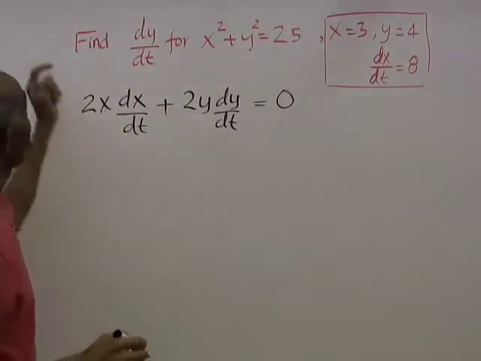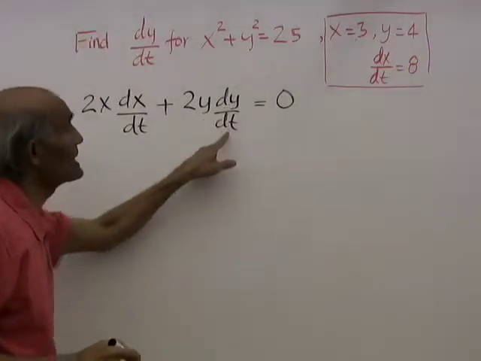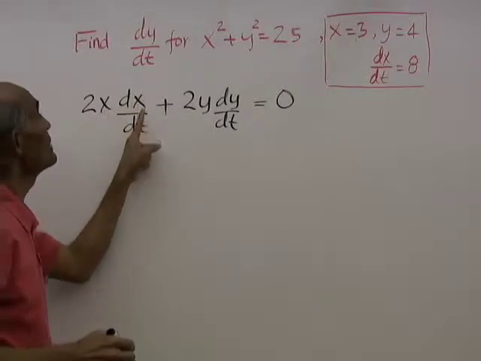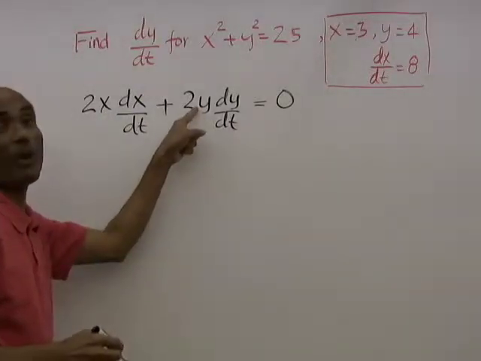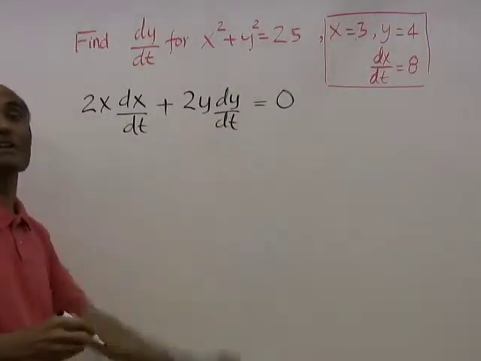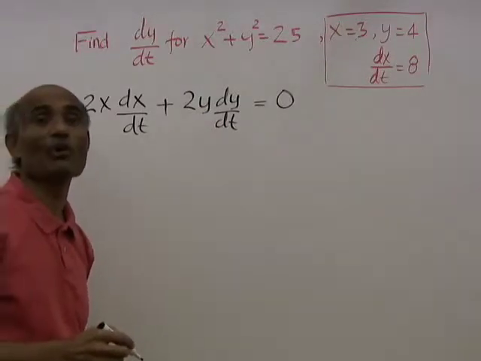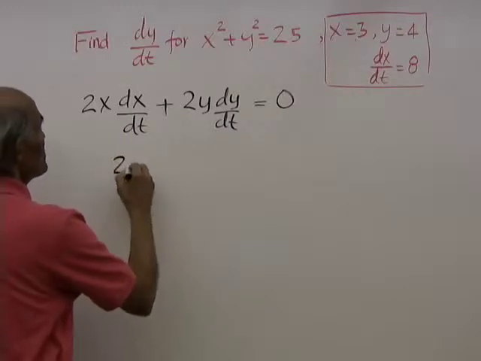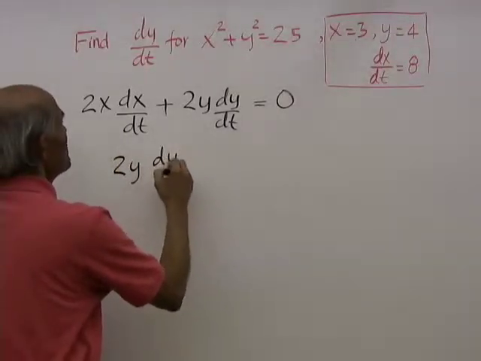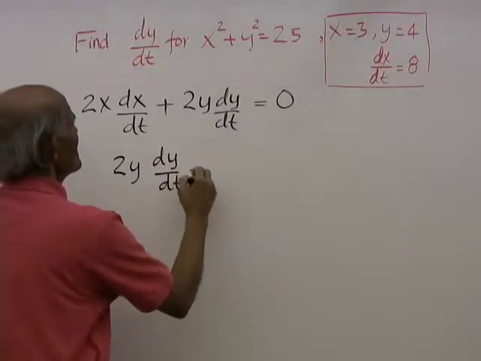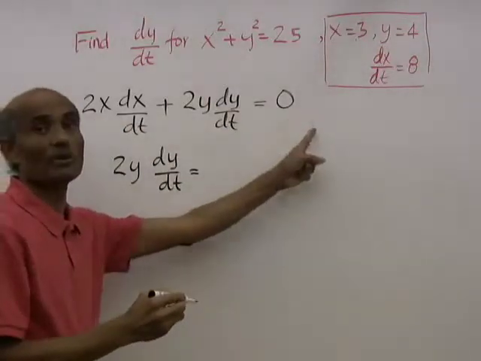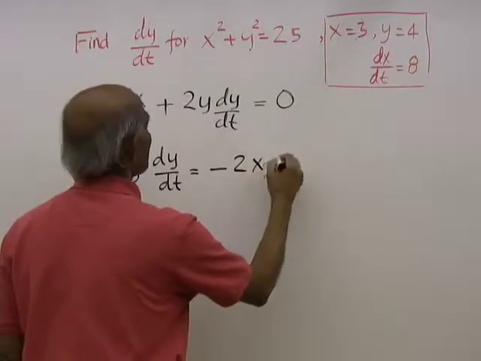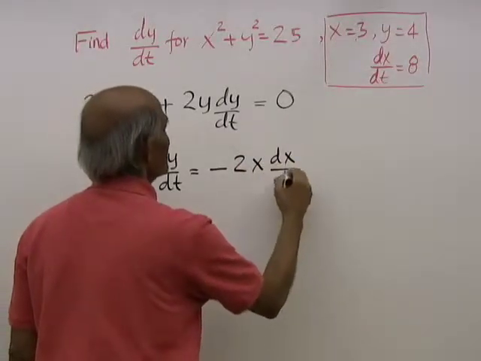Now, we need to find dy by dt. We know x, we know dx by dt, we know y. So all we now need to do is solve for dy by dt. So we can say 2y dy by dt equal to, move that term to the right side, negative 2x dx by dt.